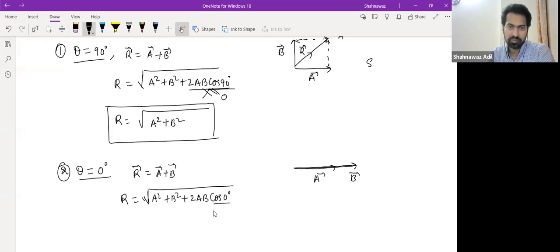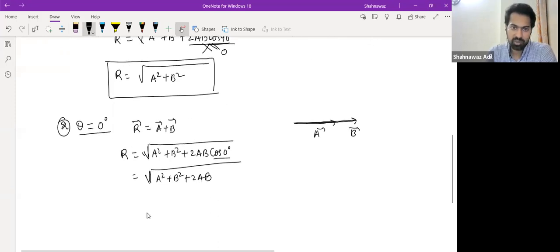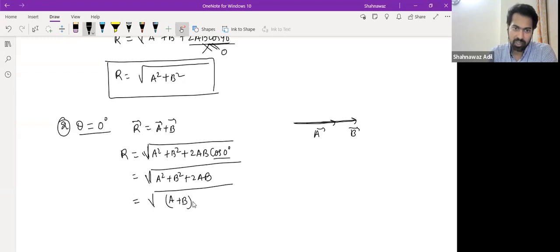Cos 0 is 1, so this is 2ab. What is a square plus b square plus 2ab? This is the identity a plus b whole square, so this would give us a plus b. And this is the maximum value.